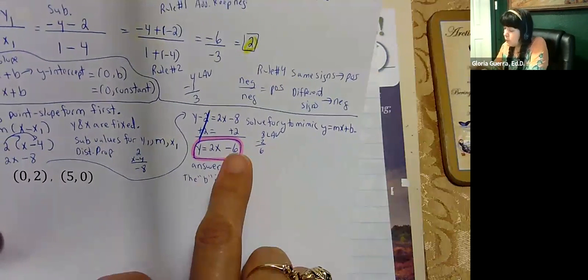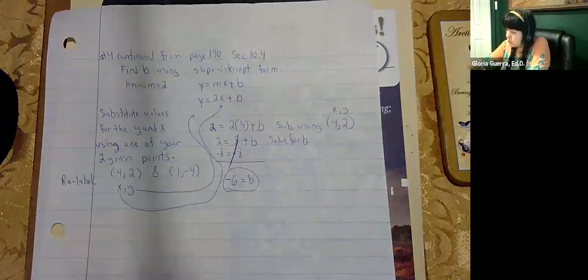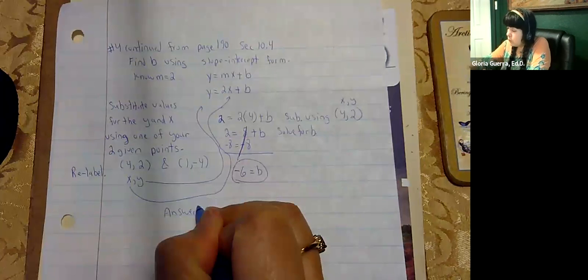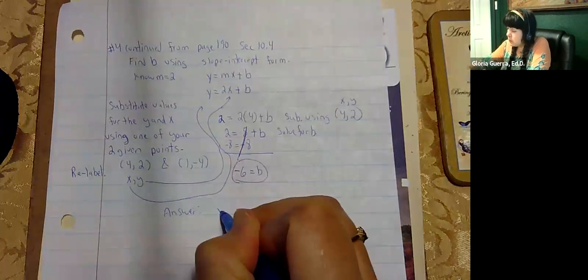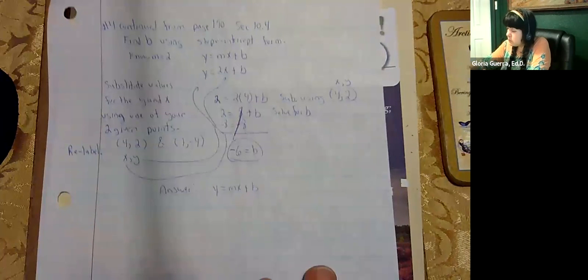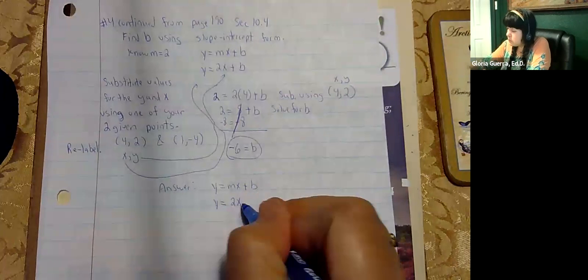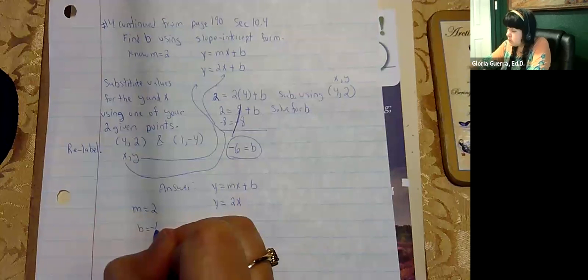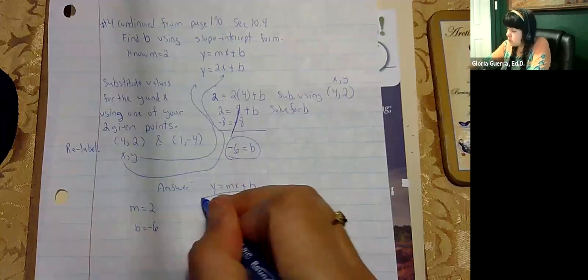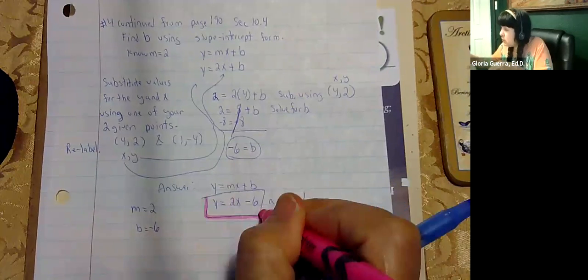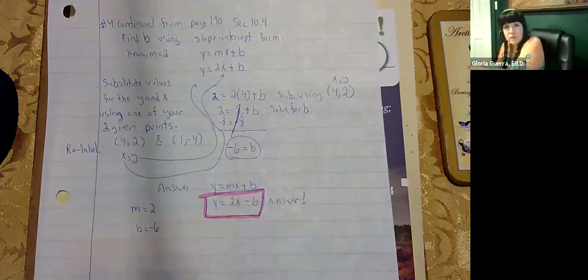So now in your answer, your answer is y equals mx plus b. So y is equal to m, remember, was 2. And now you know b is -6. So right here where you have plus b, you know it's a -6. And that's the same answer we got when we did this.